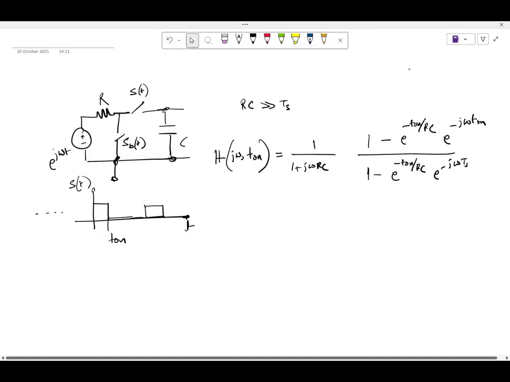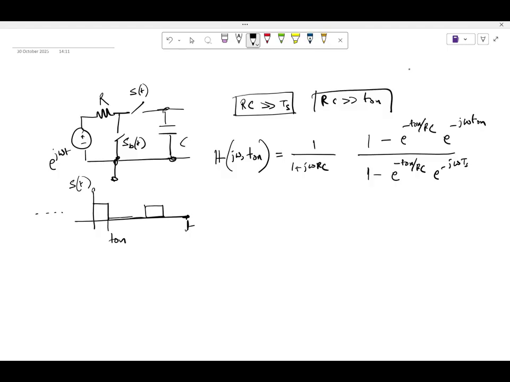So what we saw, and this is again a recap, was this: if we impose the constraint RC much greater than Ts, and also maybe RC much greater than t_on, let's say this is a stricter constraint, then if I plot the magnitude of H(j omega, t_on) with respect to omega, we saw some finite value at 0, some finite value at omega s, then some at 2 omega s, and then 3 omega s.